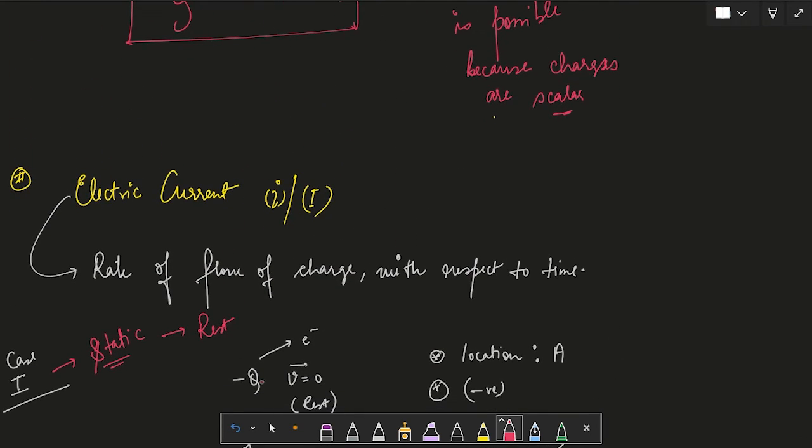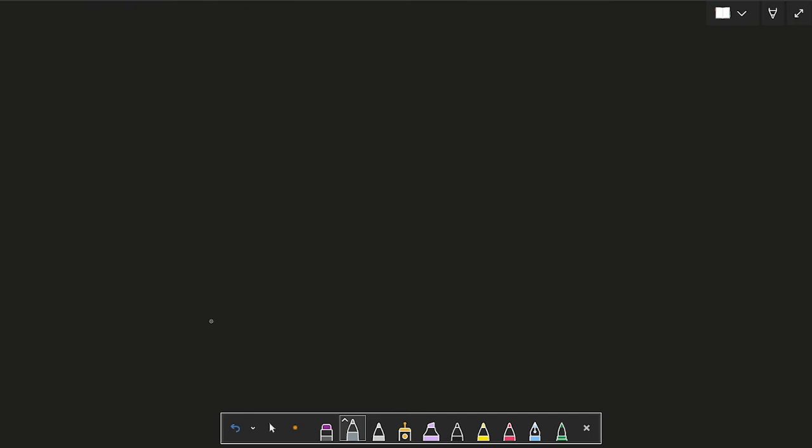The definition here was the rate of flow of charge. I'll just correct this part. Pardon me for my handwriting. I'll write the flow once again. Okay, this is rate of flow of charge with respect to time. Now we'll discuss this in context of how it is defined in your books.